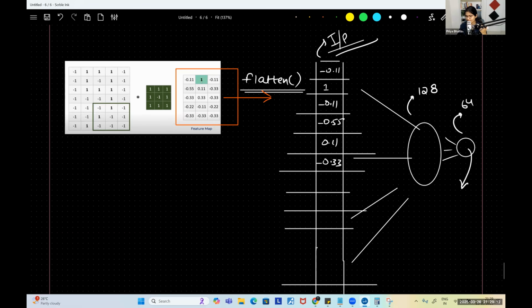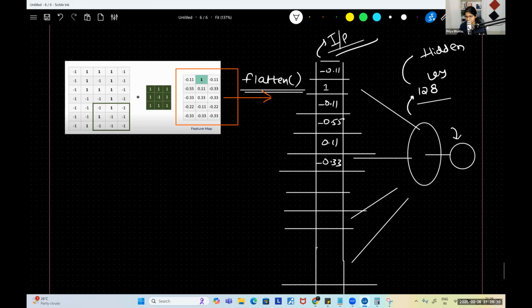Or if you want, you can create a single layer as well. It all depends on you. Let's make it easier and take only one hidden layer of 128 neurons. And let's say we will have the output layer now. So this is input, this is hidden, and this one is output.